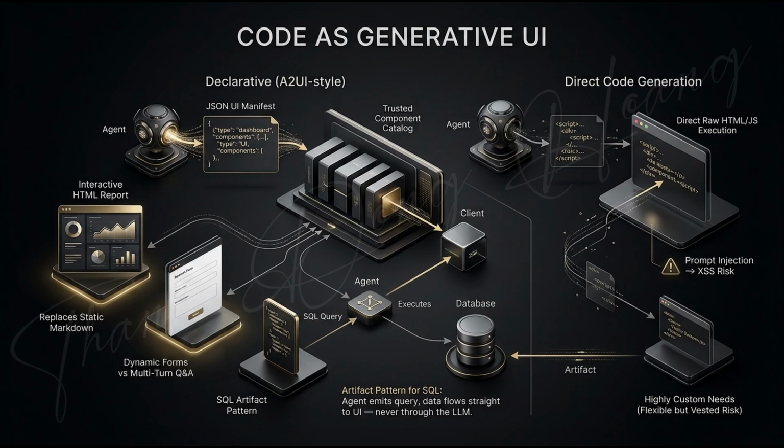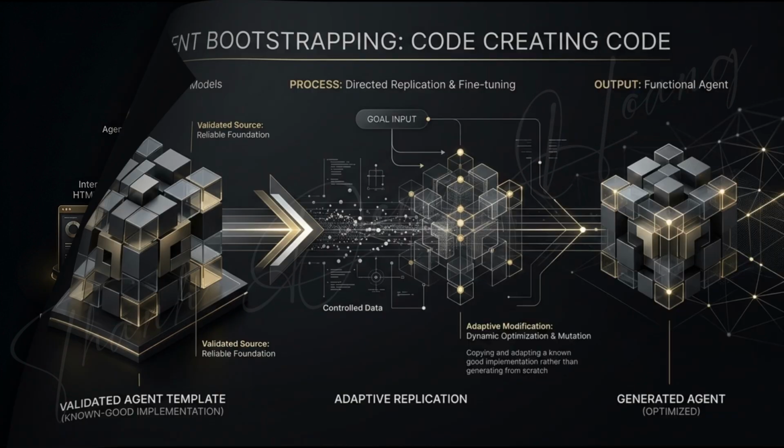This also changes what a finished deliverable looks like. Interactive reports instead of static text, dynamic forms instead of 10 rounds of back and forth questions, and for databases, a query that executes directly so thousands of rows never have to pass through a language model at all.